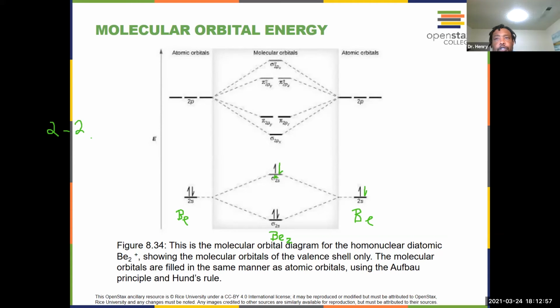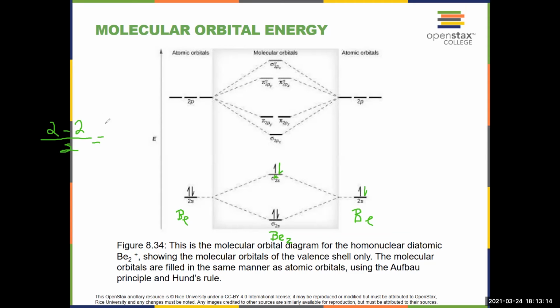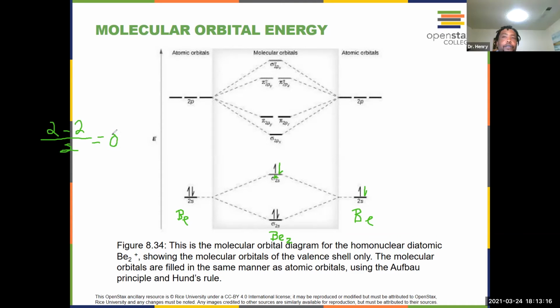Okay, so 2 minus 2 divided by 2 is going to equal 2 minus 2 is what? 0. Okay, so it's going to equal 0. So that tells us how many bonds we're going to have.